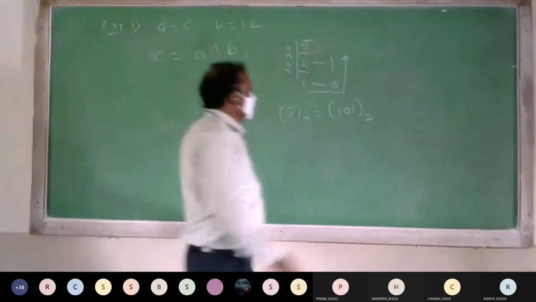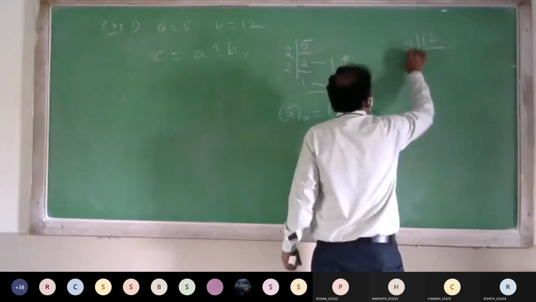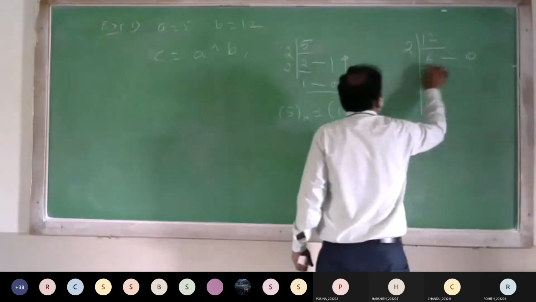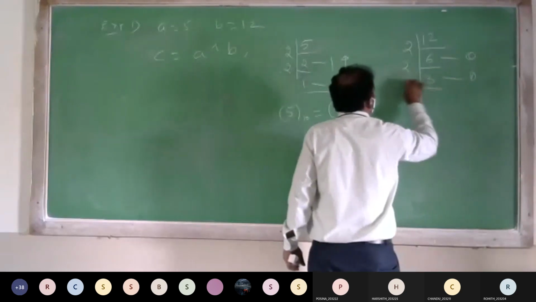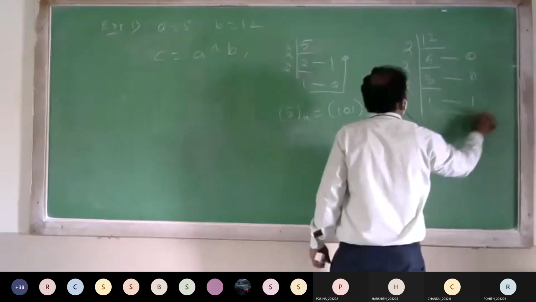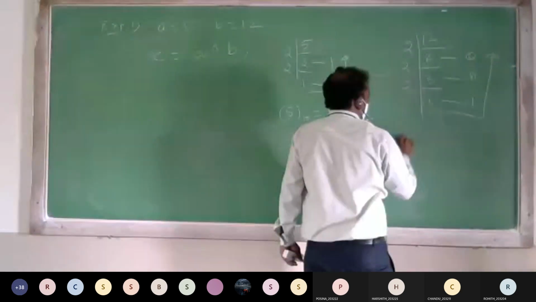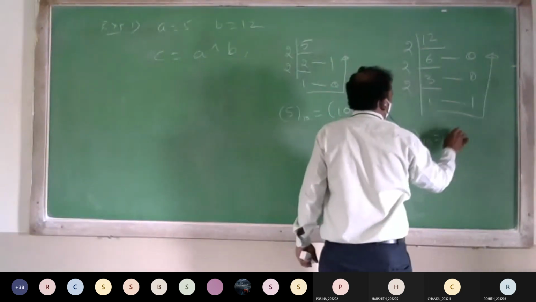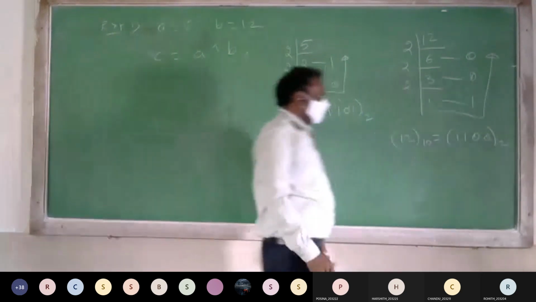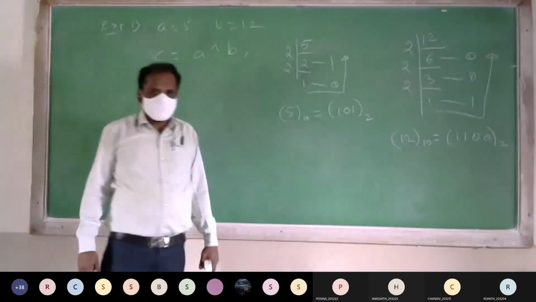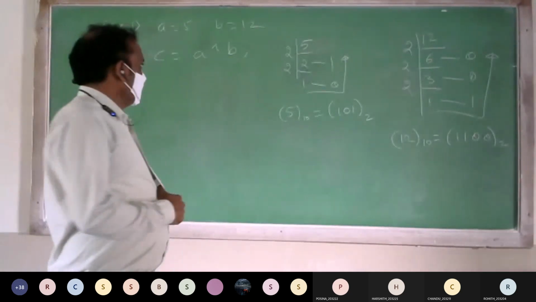Now, the next number is 12. What is the binary value of 12? 2 6s are 12, 2 3s are 6, 2 1s are 2. So the decimal value of 12 is equal to 1100 in binary.